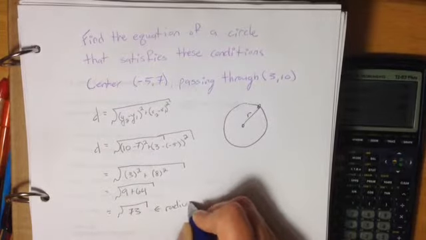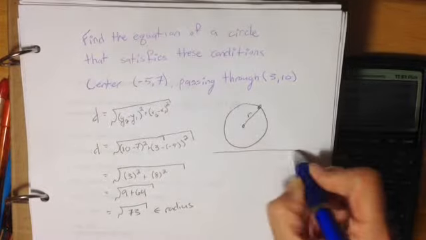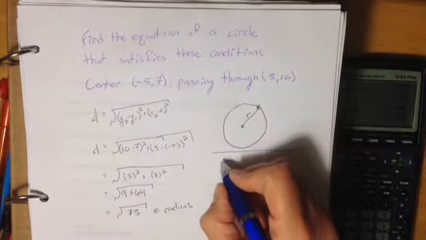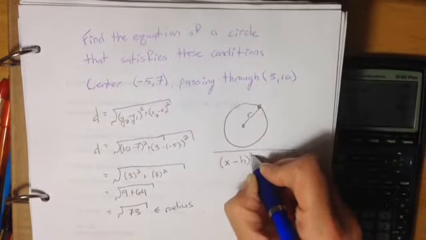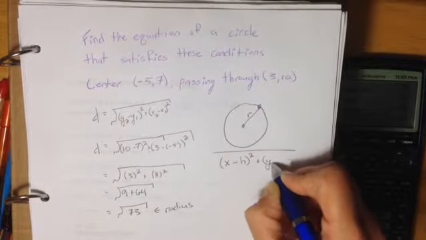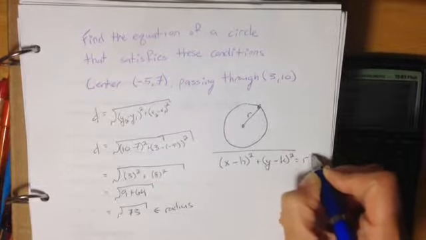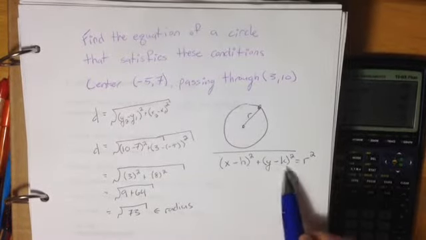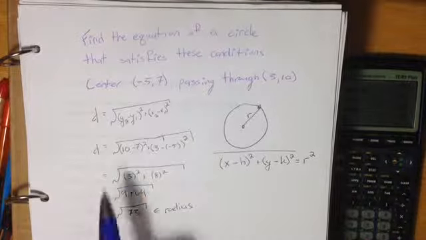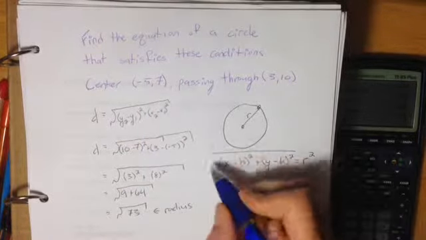Now the last thing that we need to do for this problem is to write the equation of the circle in standard form. So remember that the equation for a circle looks like x minus h squared plus y minus k squared equals r squared, where h and k are the x and y coordinates of the center. So I take my center point, -5 and 7, plug them in there.